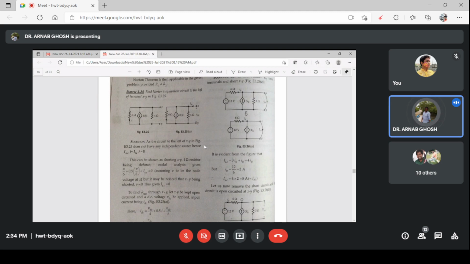No current will be flowing through this short circuit path. When you have any resistance in parallel to the short circuit path, no current will flow through this short circuit path.